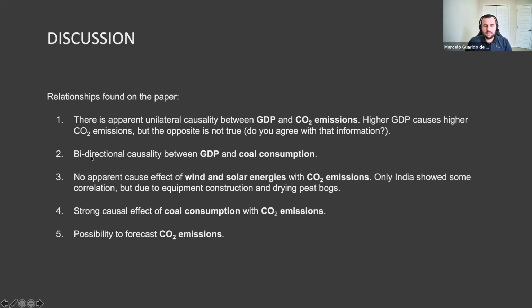There is also a bidirectional causality between the GDP and the coal consumption. Let's remember, when you say coal consumption, it is the coal consumption for electricity generation. So that means a higher GDP, higher coal consumption for energy, and higher coal consumption for energy, higher GDP.